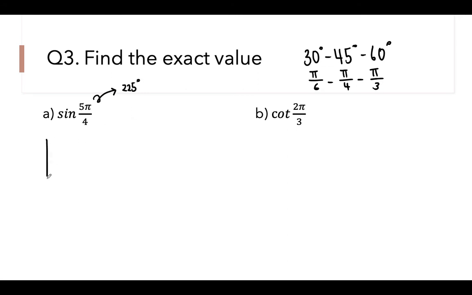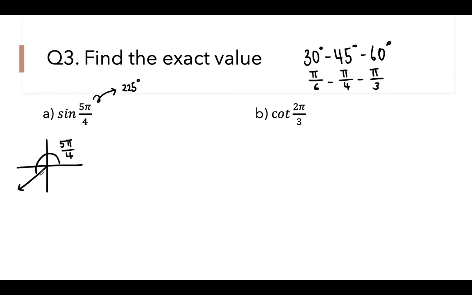So let's label where 225 is. 225 is definitely greater than 180, but less than 270. So it must be somewhere in quadrant 3. So this is 5 pi over 4.